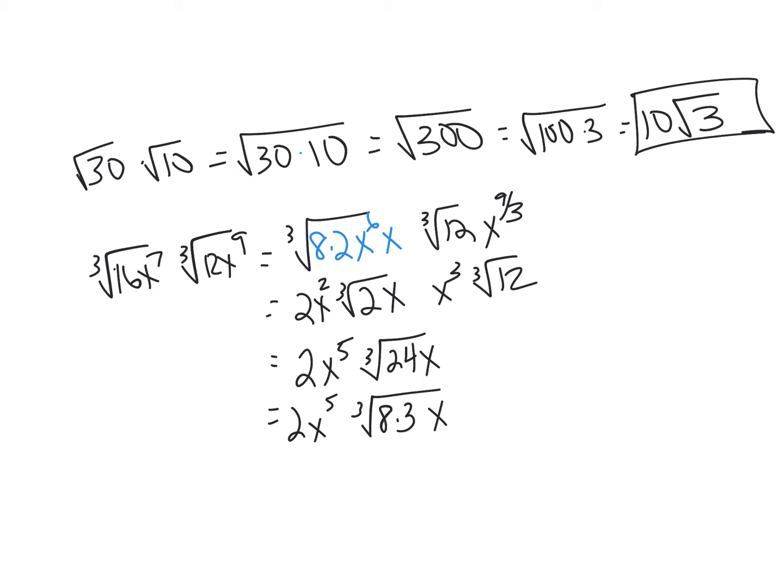And ding, ding, ding, cube root of 8 is 2. So that gets booted outside. So the 3 and the x stay on the inside. And lastly, 2 times 2 is 4. So we have 4x to the 5th, cube root 3x.